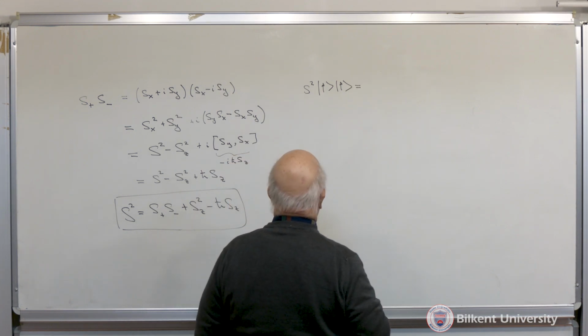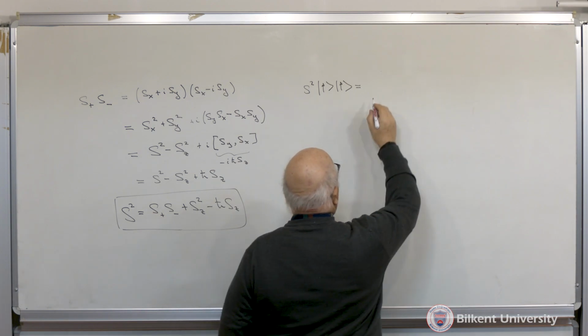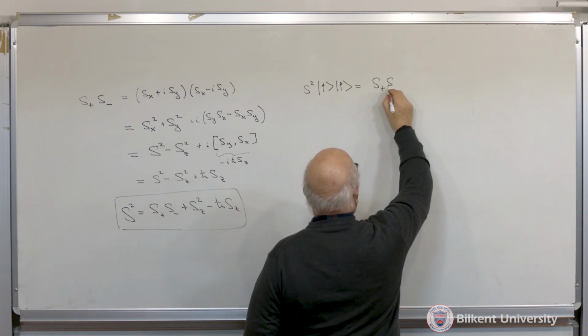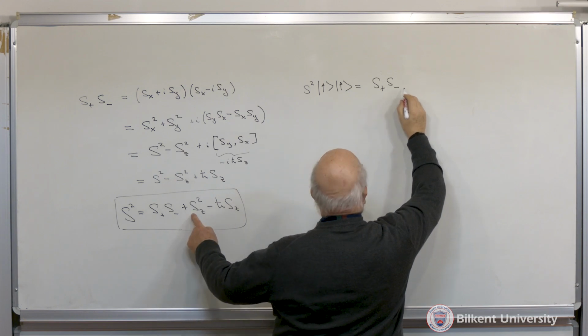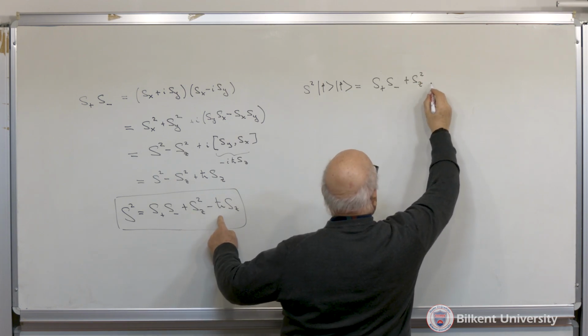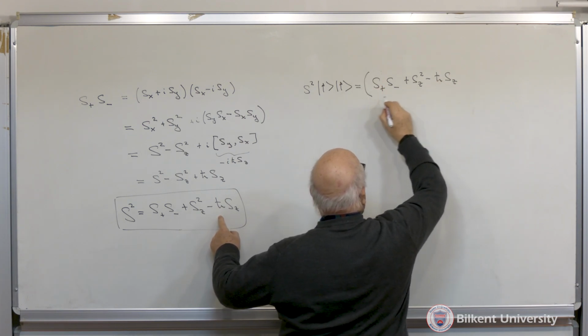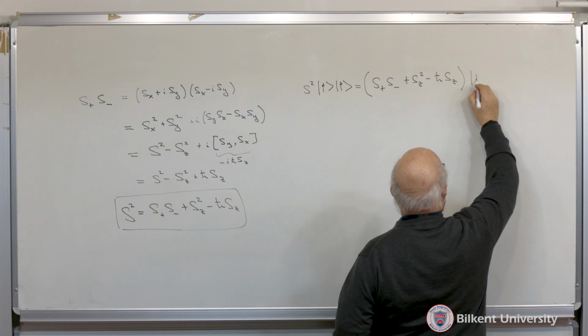This will be some amount of messy algebra, so please help me out. It's going to be S plus S minus plus S_z squared minus ħ S_z operating on up.